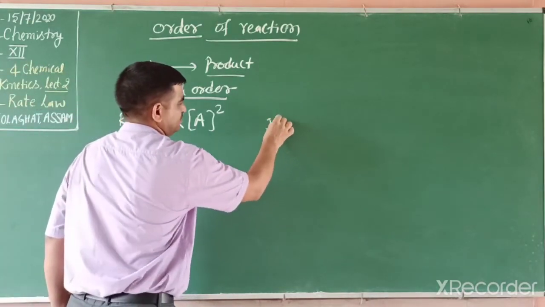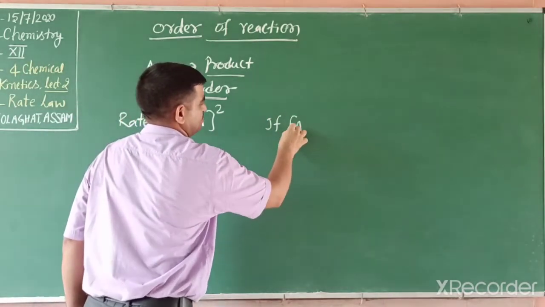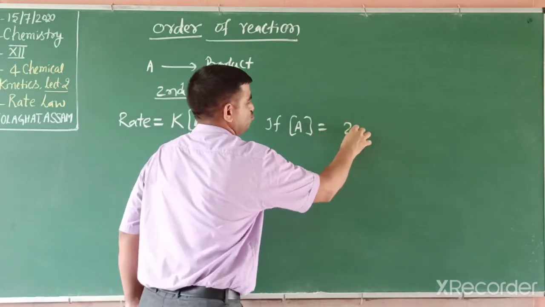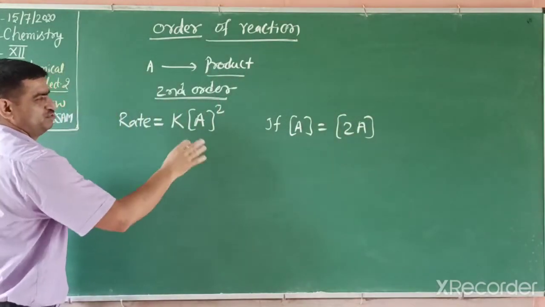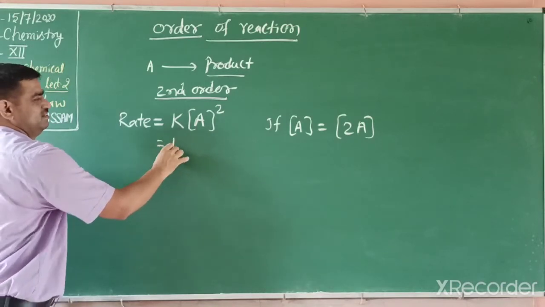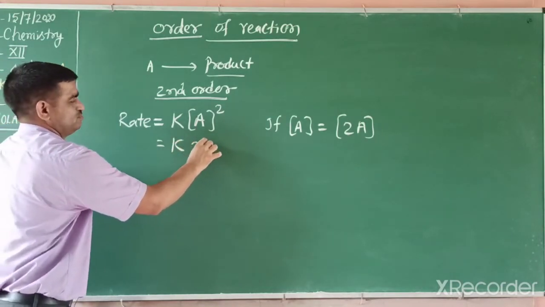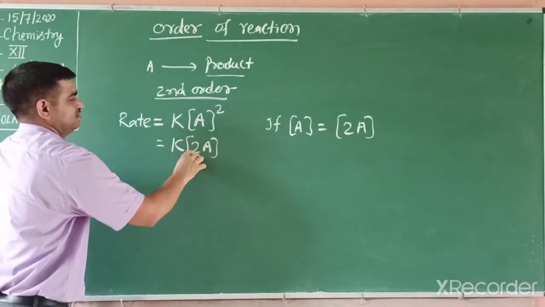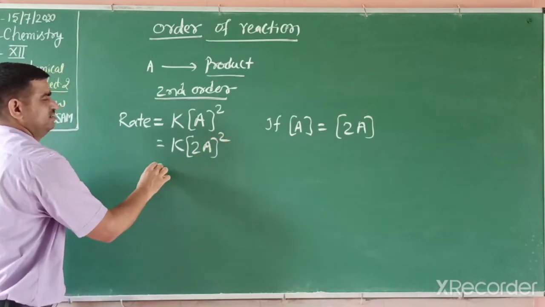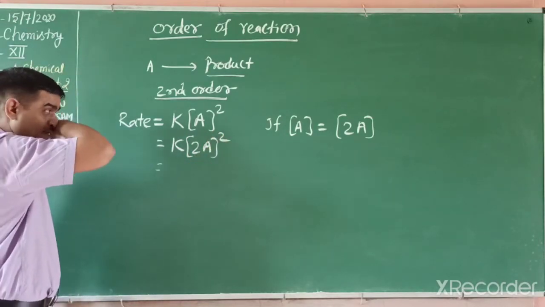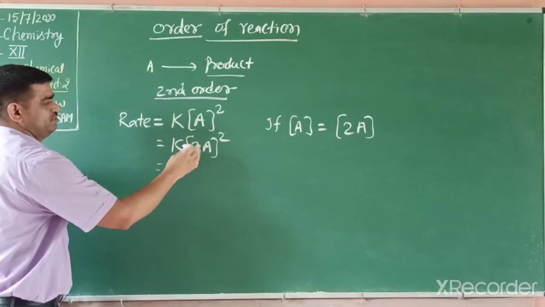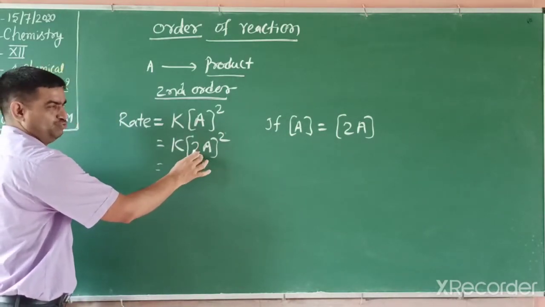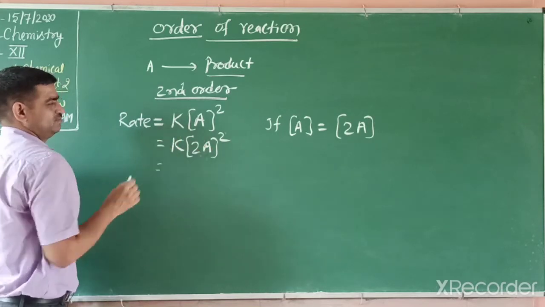If the concentration is doubled, meaning A becomes 2A, we put the value in k [2A] square. 2 square is 4.